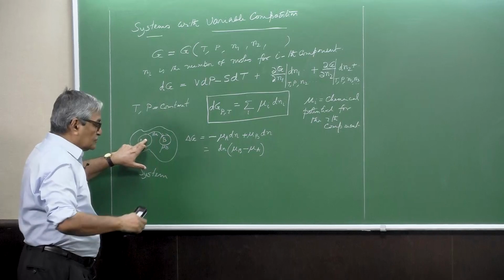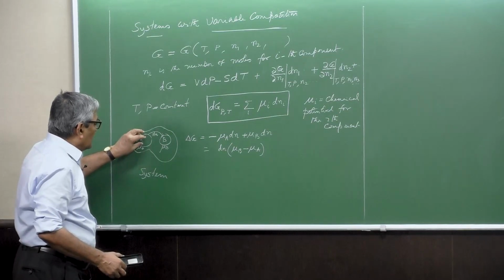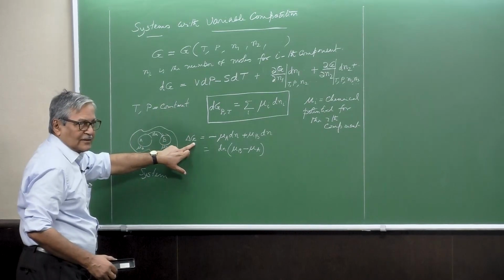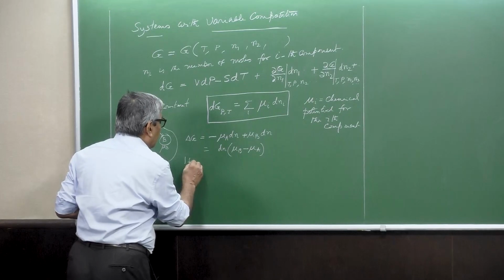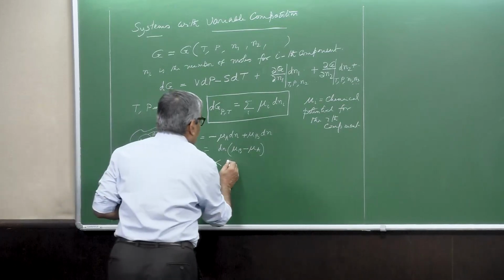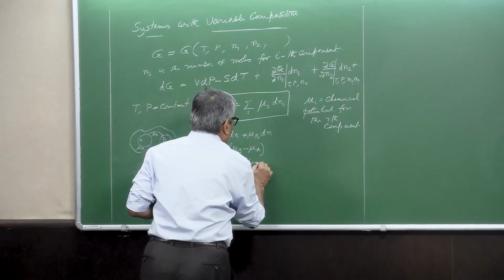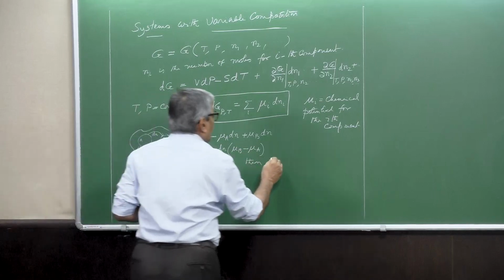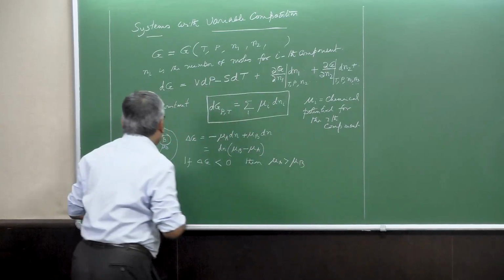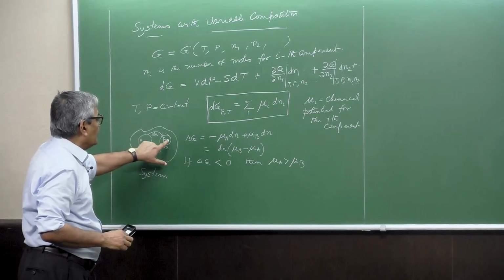For automatic, or spontaneous, transfer of dN moles from here to here, or spontaneous flow of mass from region A to region B, it depends on the sign of delta G. If delta G is negative, less than 0, then mu A must be greater than mu B. So this region must have higher chemical potential and this one lower chemical potential.